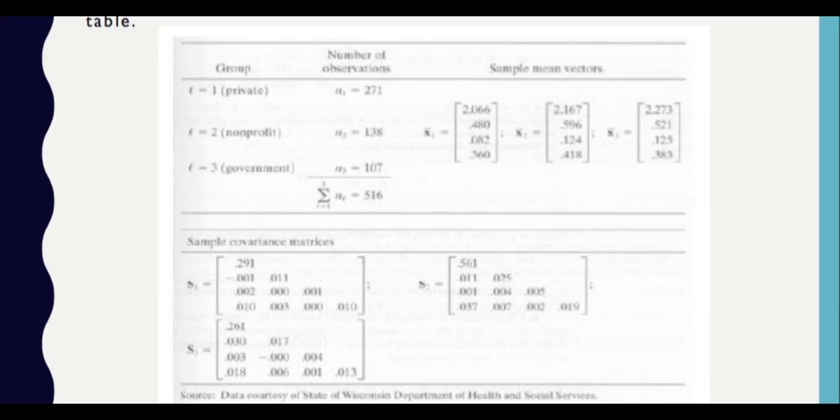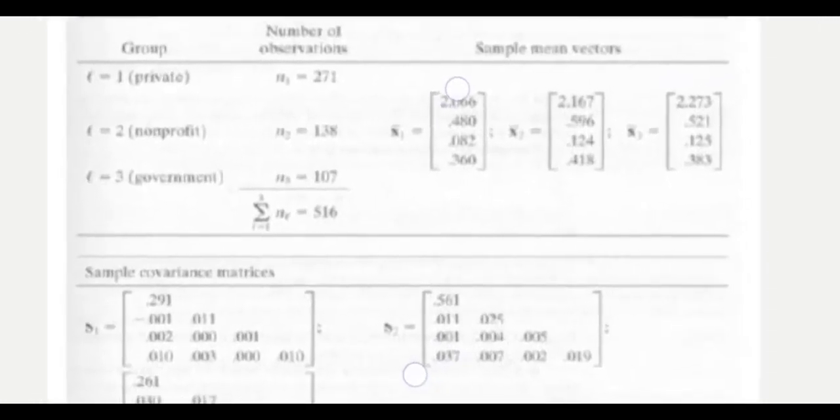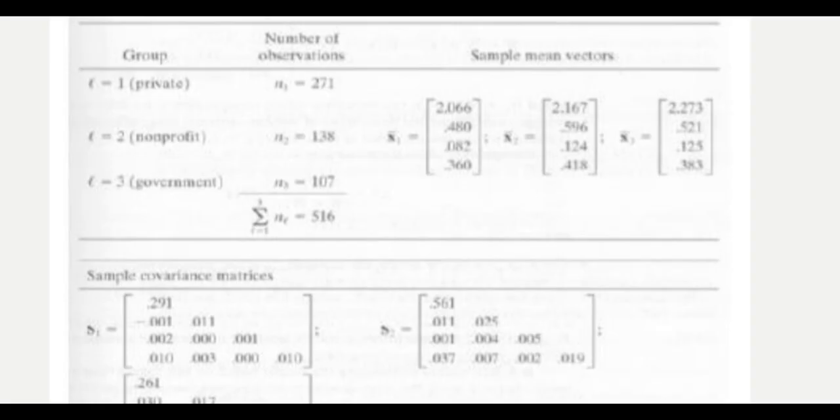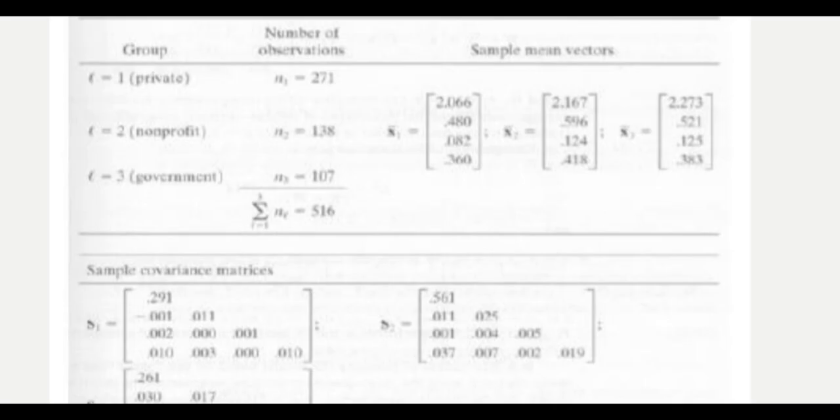So, in your textbook, pages 306 and 307, it is given the descriptive of each of the mean, and also the mean vector and the covariance matrix for each of the population. So, we have 3 populations: private, non-profit and government.